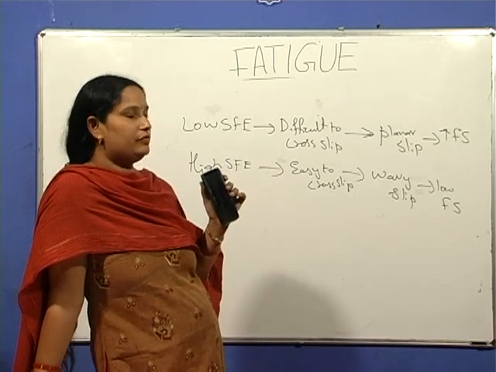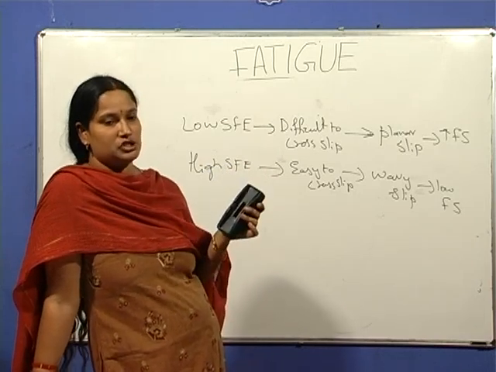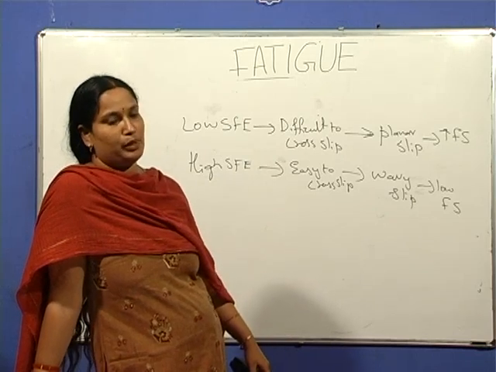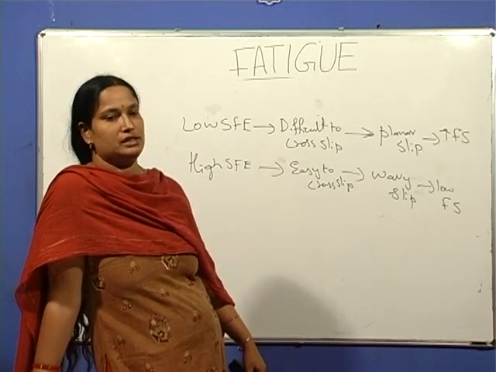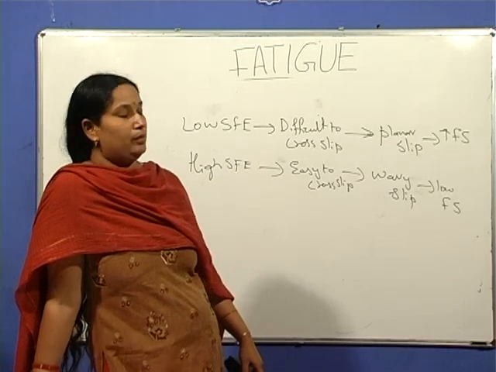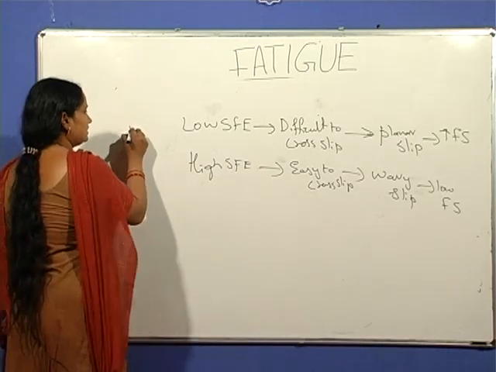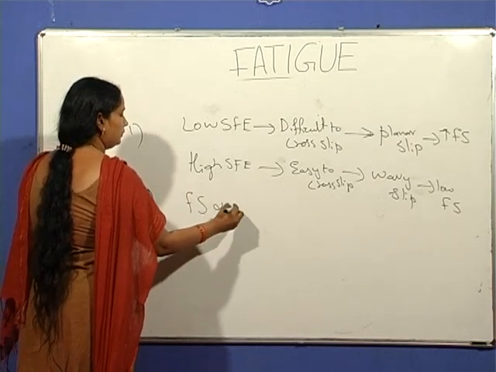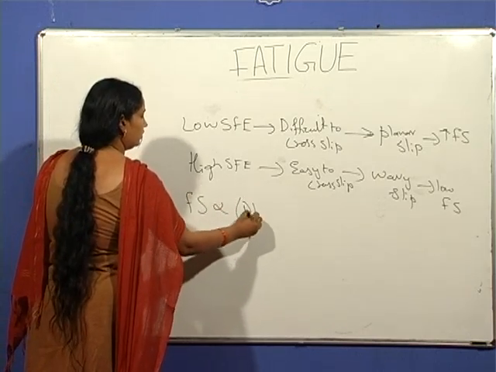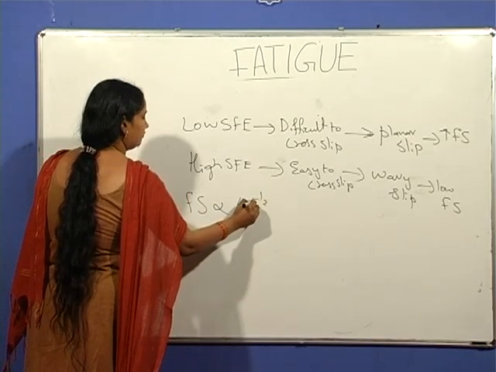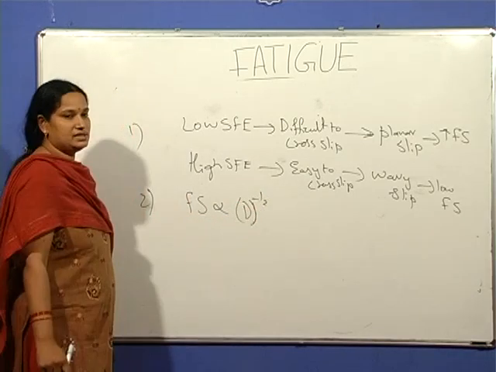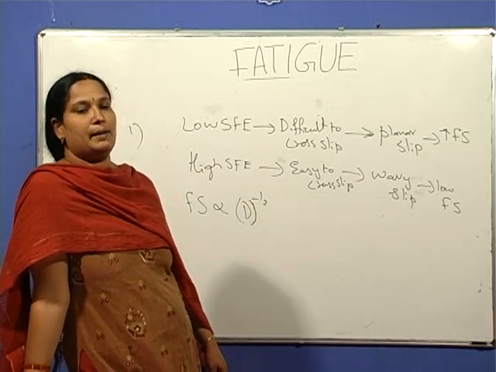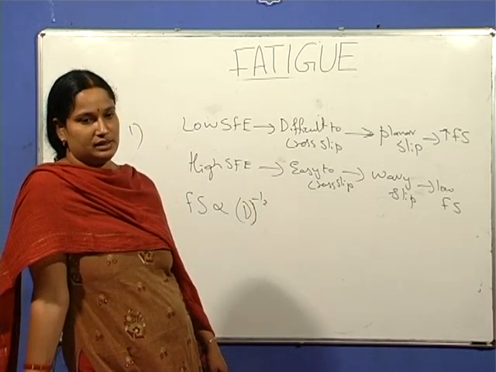There are only limited ways by which one can increase the fatigue strength by controlling the stacking fault energy. Moreover, with respect to grain size, fatigue strength is proportional to d to the power of minus half. Fine grain size materials show better fatigue strength when compared to coarse grain size materials.